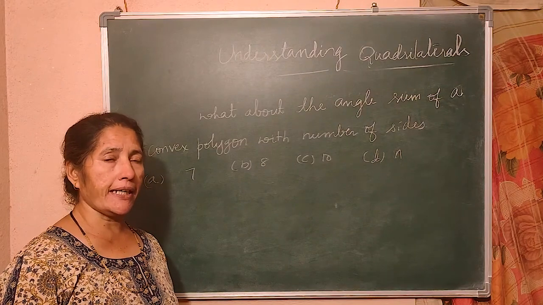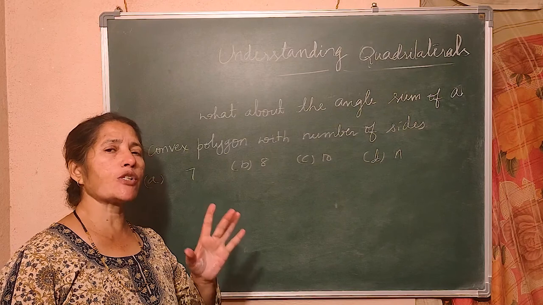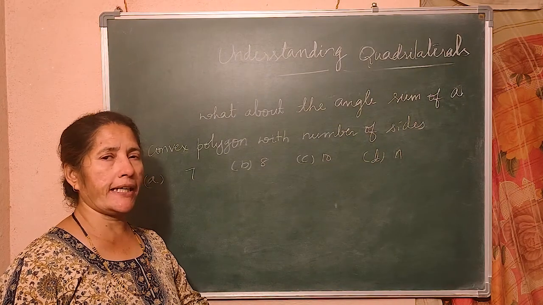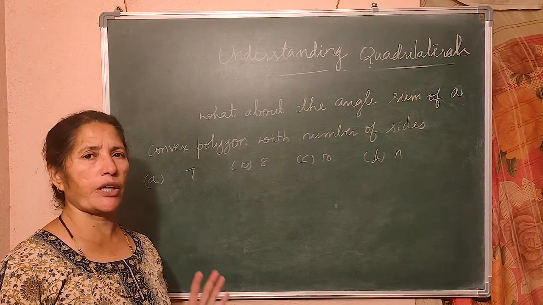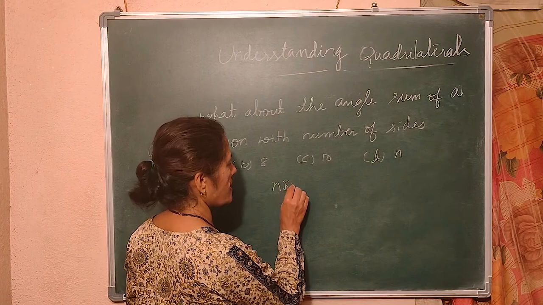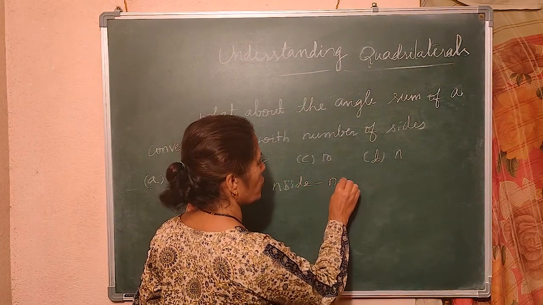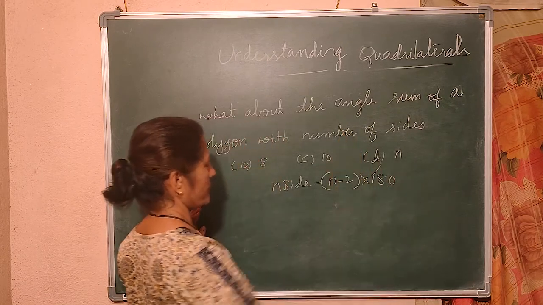So I say the general form of the sum of the angles of a polygon with n sides is n minus 2 into 180. That is the answer for the D. Correct?